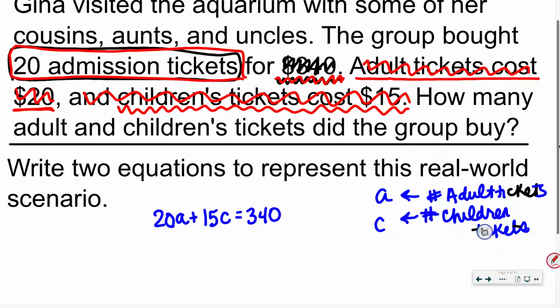There's still more information given here that we can put into an equation.